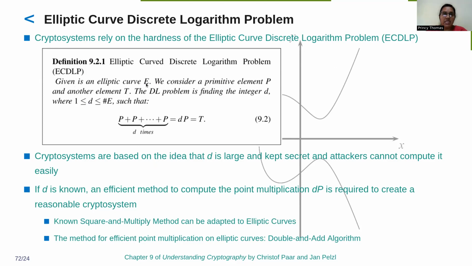Given an elliptic curve E, we consider a primitive element, capital P, and another element, capital T. These are points, P and T. The DL problem is finding the integer small d, a number between 1 and the cardinality, such that when P is added d times, that is dP, we get T. This T will be the public key, and the small d is kept private.